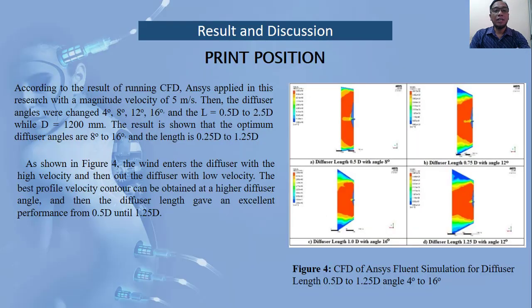Here we analyze the effect of the diffuser, according to the result of running CFD in ANSYS applied in this research with a magnitude velocity of 5 meters per second.